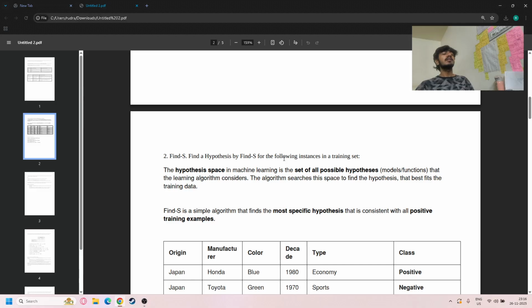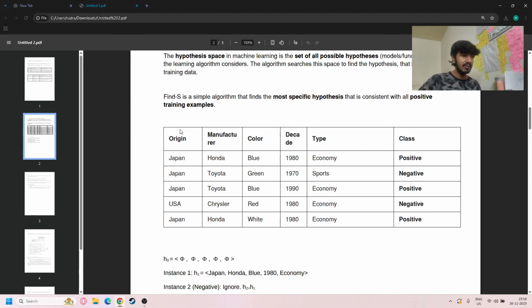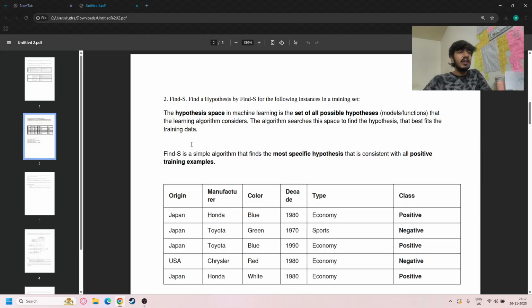Heading on to the second question, here we have a table with terms origin, manufacturers, color, decade, type, class. So it's basically a table of cars: the manufacturer of the car, what decade the car was from, what type of car it is, and the origin of the car. And we have to draw an S hypothesis.